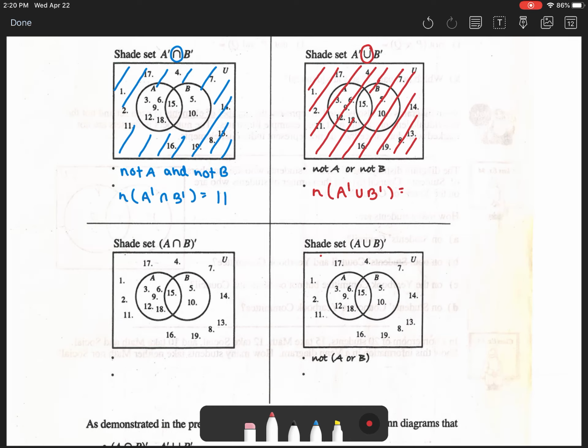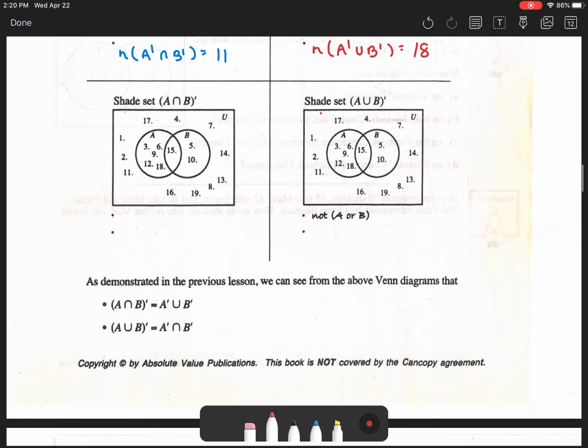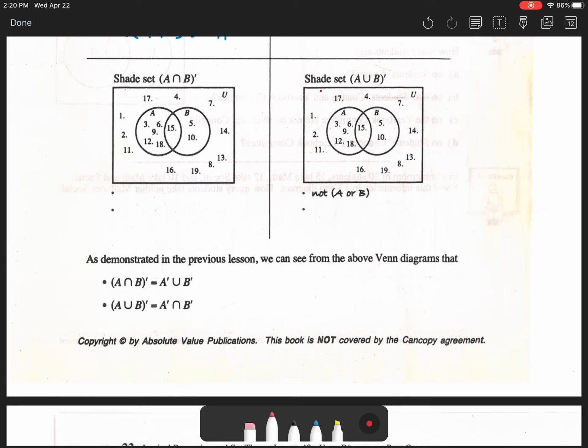That's the only thing that doesn't fall into a category. So when you think about it, if you pick any number there inside the shaded region, it will be not A or not B, or it could be both. So count up the elements there and you will get 18. So there are 18 elements there that are not A or not B.